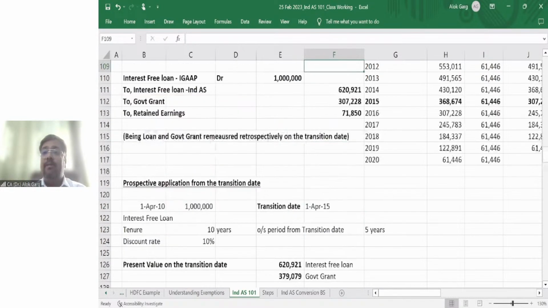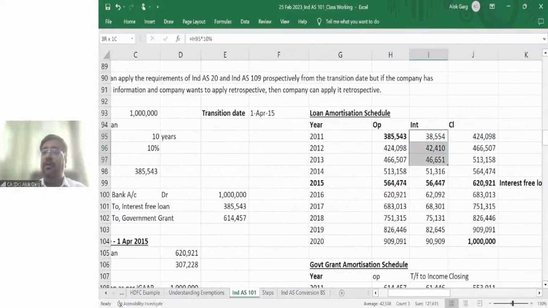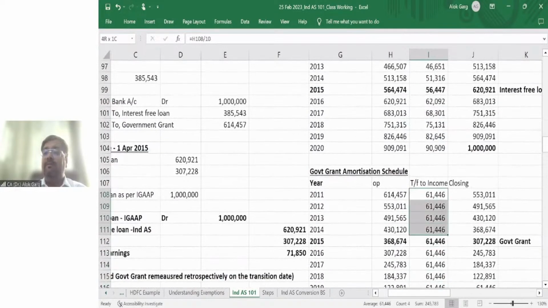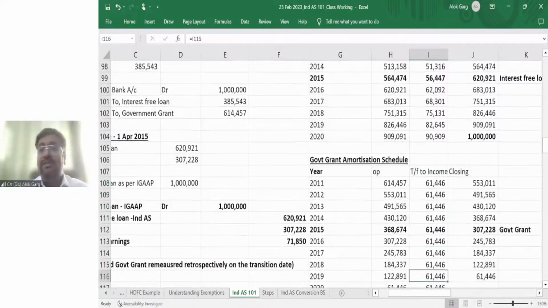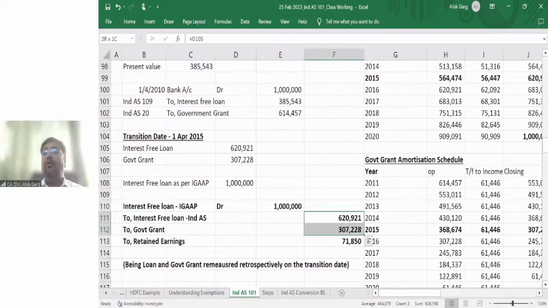Why? Because the interest was calculated at 10% on the compounded value, and the income was taken on a straight line basis as per Ind AS 20. So there is a difference between the value of 10 lakh versus the closing value of interest-free loan and government grant as per Ind AS on the transition date.